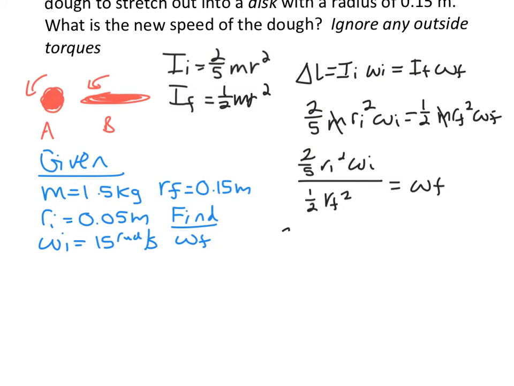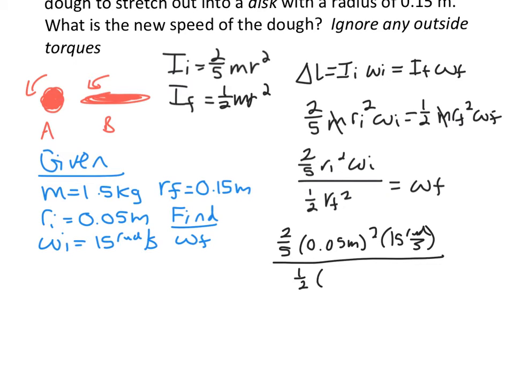Putting in these numbers, we get 2/5 times 0.05 meters squared times 15 radians per second, over 1/2 of 0.15 meters squared, equals omega final.